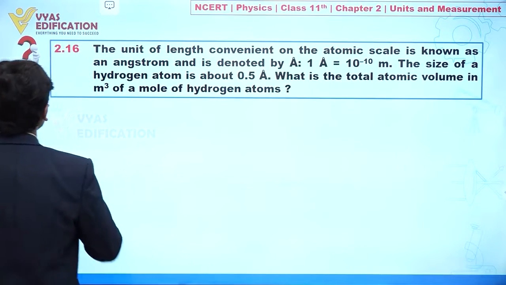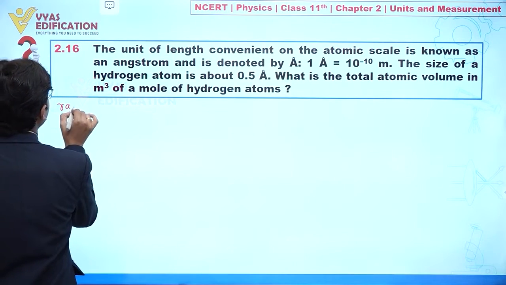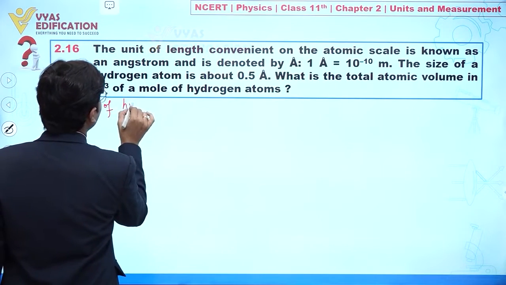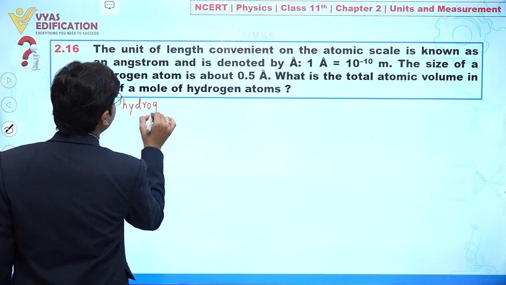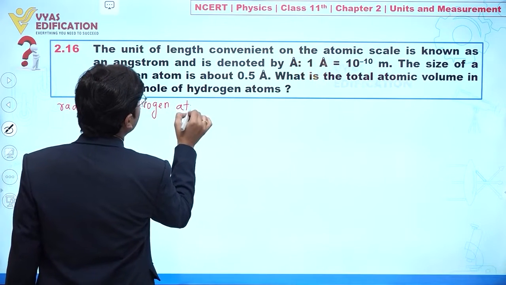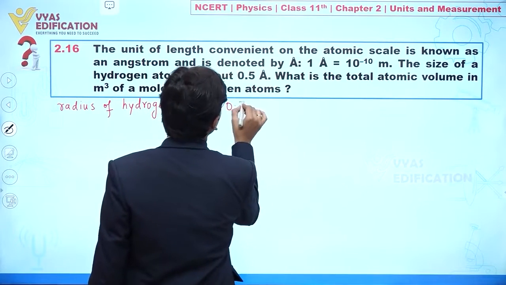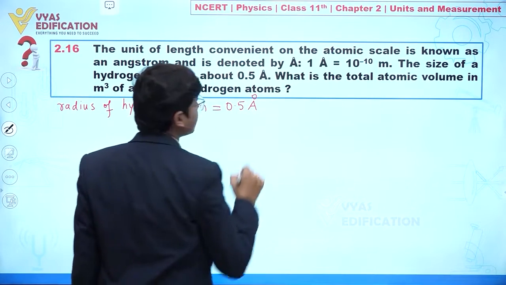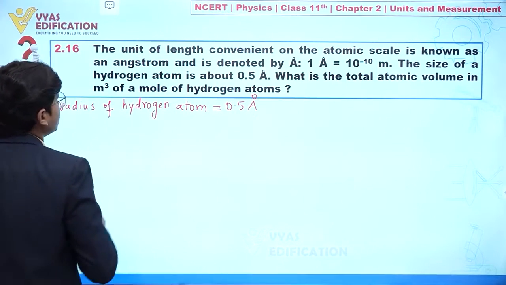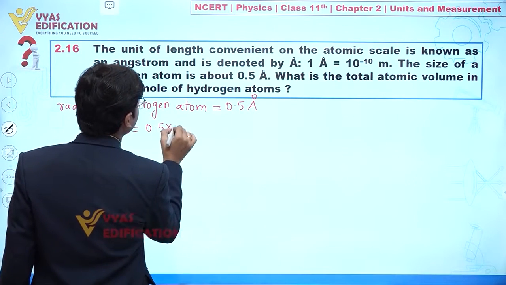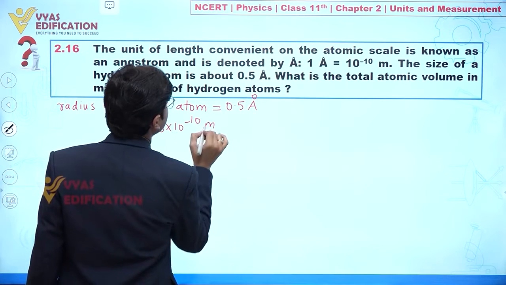In this question the radius of the hydrogen atom is given as 0.5 angstrom. So we can write R equals 0.5 multiplied by 10 to the power minus 10 meter.